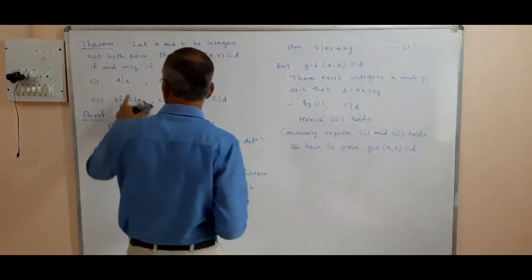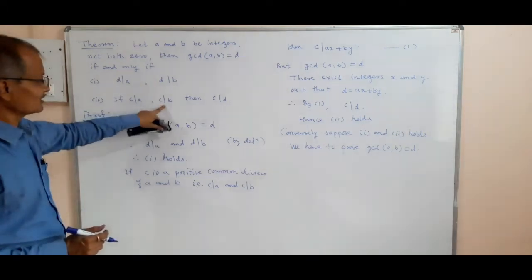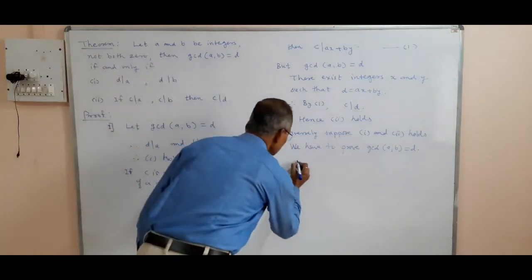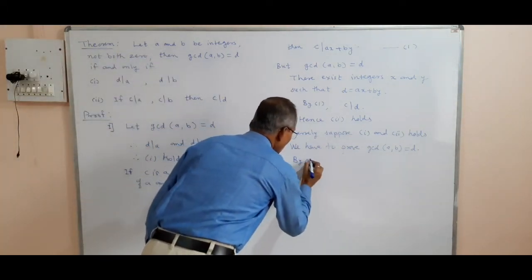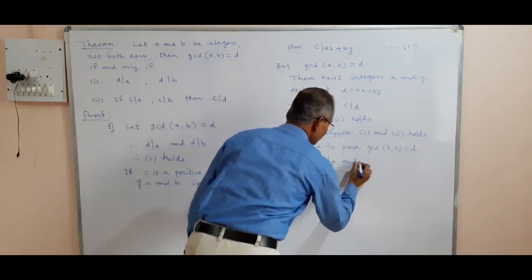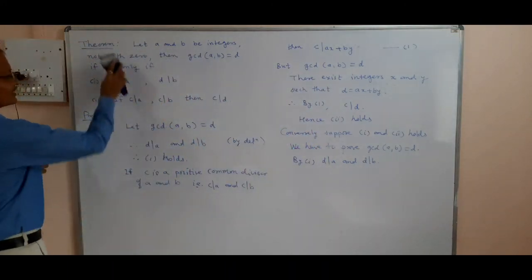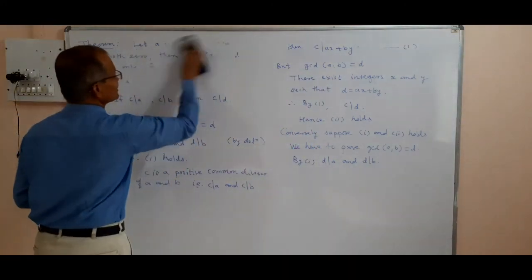So one holds. Now we have to consider if C divides A and C divides B. So it is by 1, D divides A and D divides B. Now by 2, if C divides A and C divides B, then C divides D. That is the second condition.